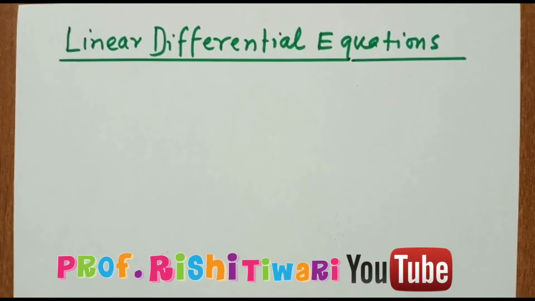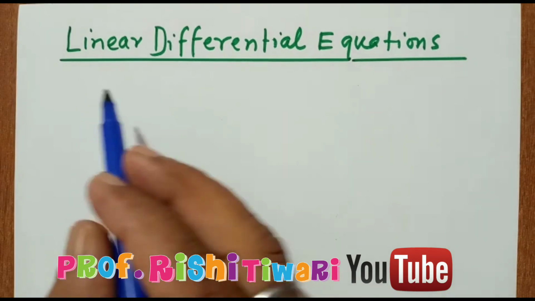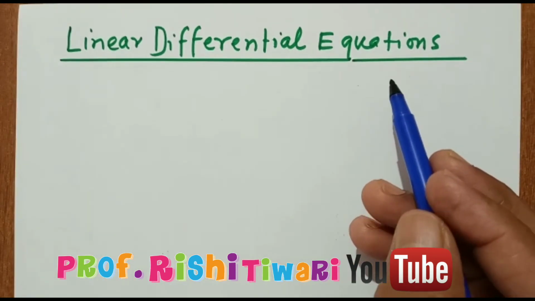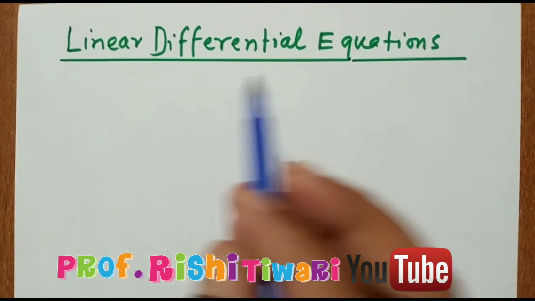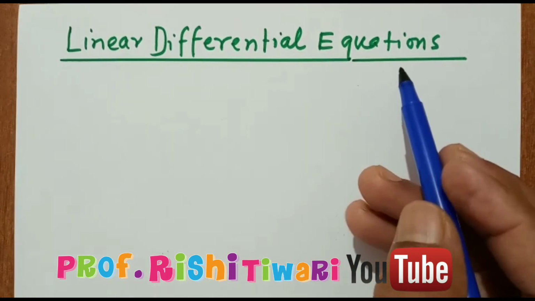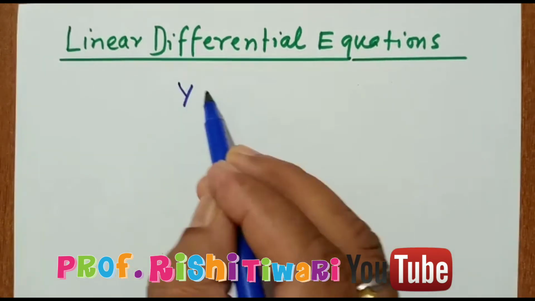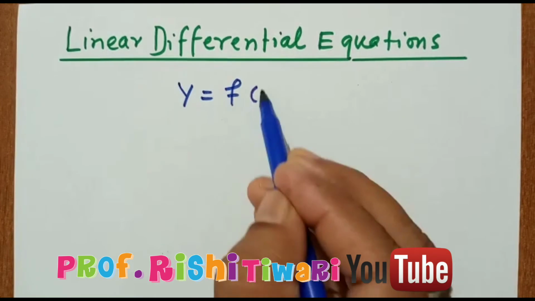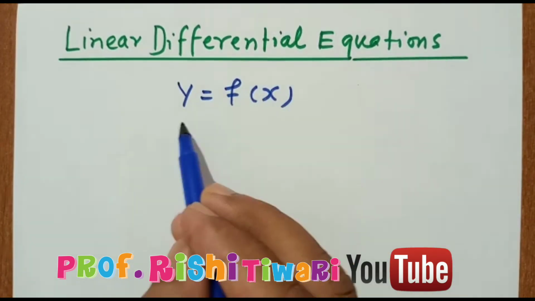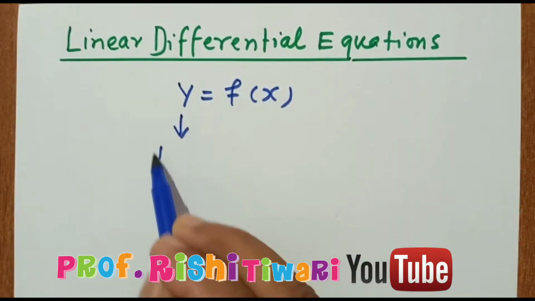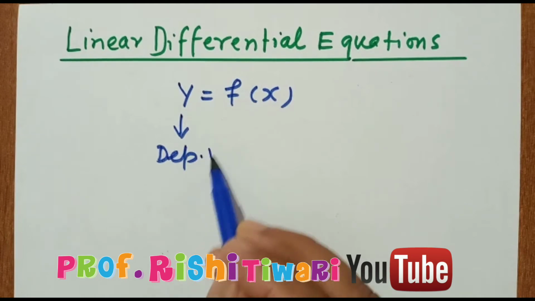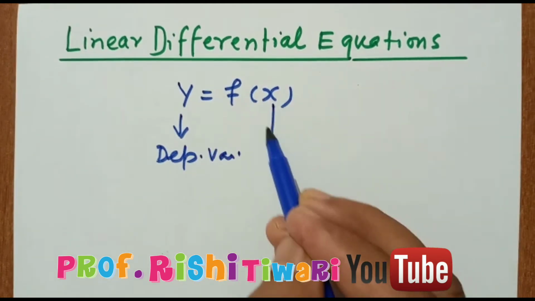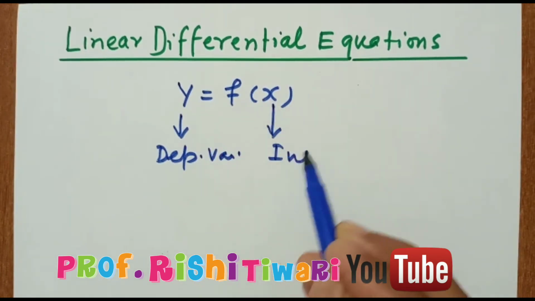I am going to explain linear differential equation. As you know, what is a differential equation? We have y as a function of x. Here y is called the dependent variable, and x is called the independent variable.